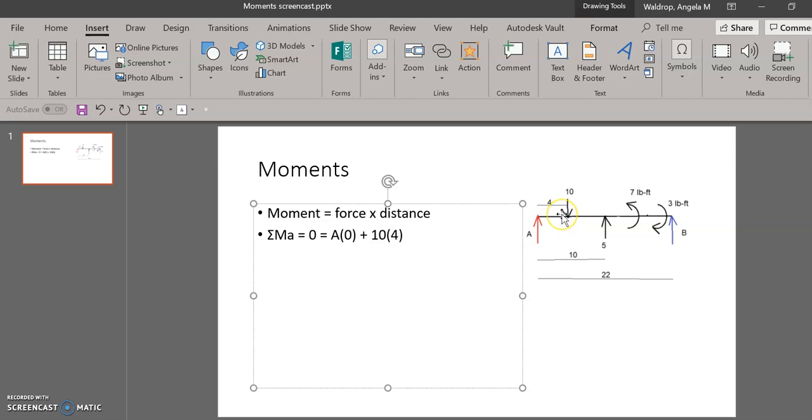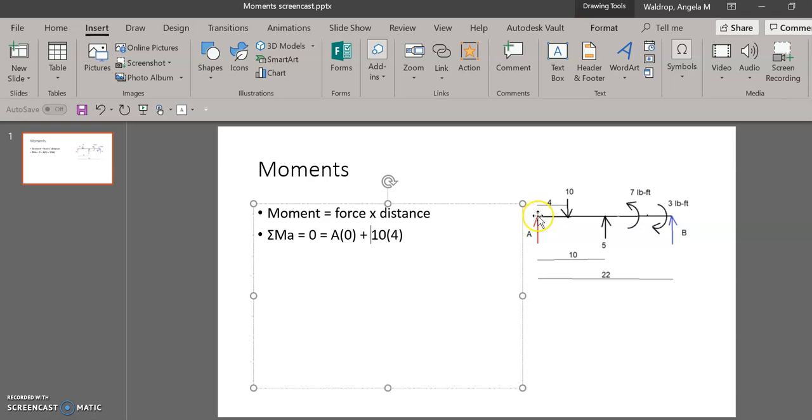If I do that, I can't curl my fingers, in this case, without flipping my hand over. Whenever I flip my hand over, that means that the moment is negative. But if I can curl my fingers the way the force is pointing, then it's positive. Now, that's a little confusing, and it's kind of biased towards right-hand users. So I like to use a clock rule here.